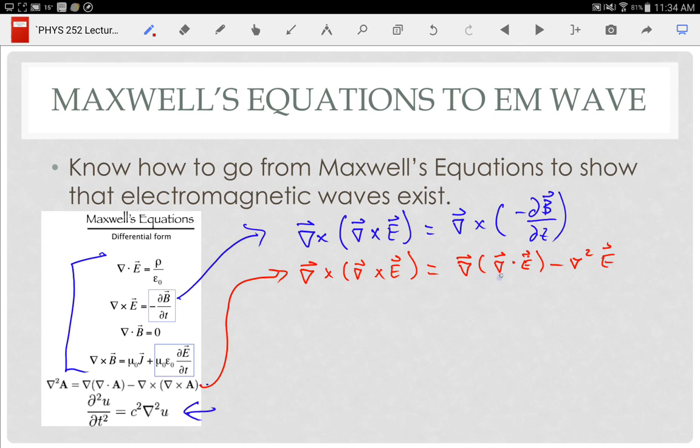And so del dot E, I can substitute this for del dot E. And if I'm doing this in empty space, what is rho, the charge density in empty space? 0. So this is equal to 0 in empty space, or in vacuum.